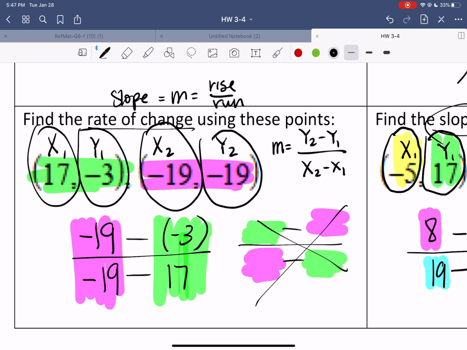So you're always going to want to have the same colors, and then right in the middle of those colors, you'll have your subtraction sign, because that subtraction sign will be in every single problem. So make sure, if you're doing it in your head, make sure you're simplifying completely.